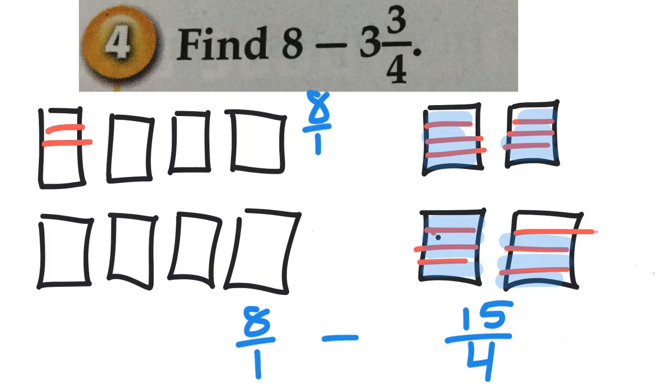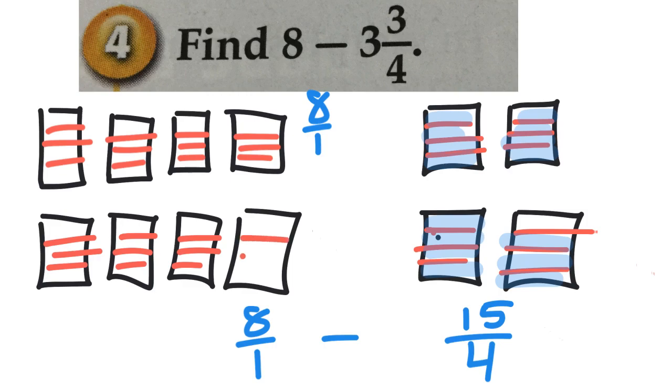Well, what is that common denominator going to be? 4. That means I'm going to take all of these 8 whole things and divide them all into 4 pieces. So how many pieces is that? Well, this would be 4, 8, 12, 16, 20, 24, 28, 32.